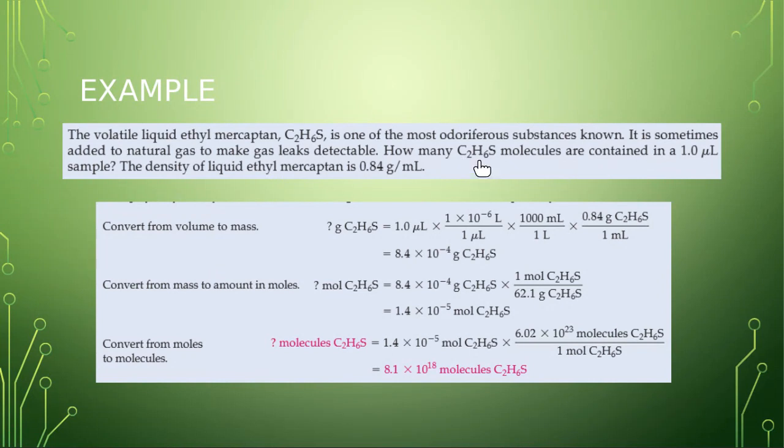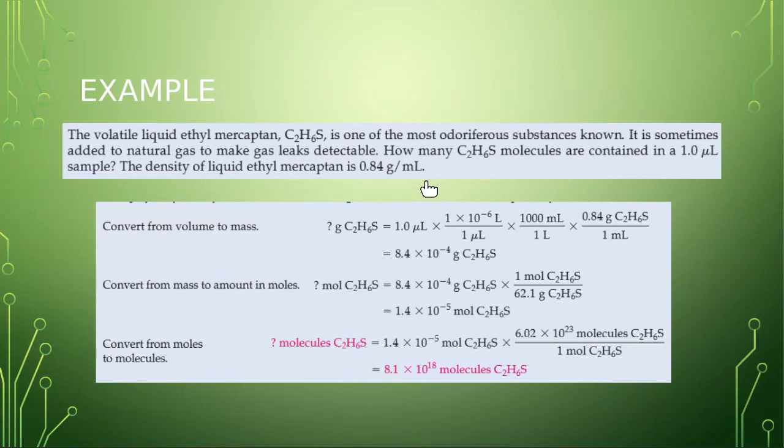How many of these liquid ethyl mercaptan molecules are contained in a 1 microliter sample? The density of liquid ethyl mercaptan is 0.84 gram divided by milliliter. While we are finding these molecules, if these molecules are liquid, we always use the liquid's density.